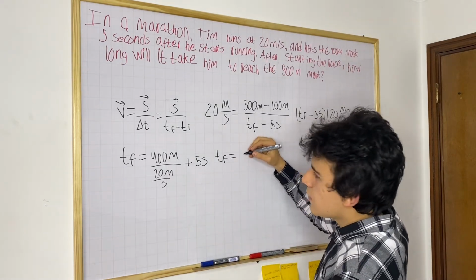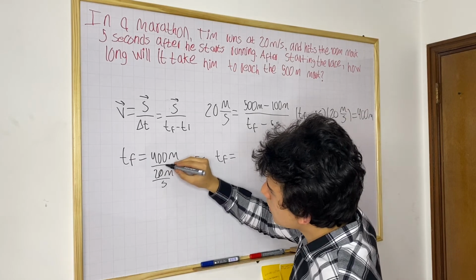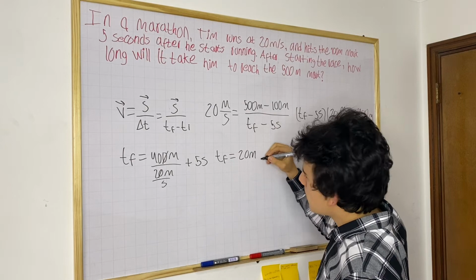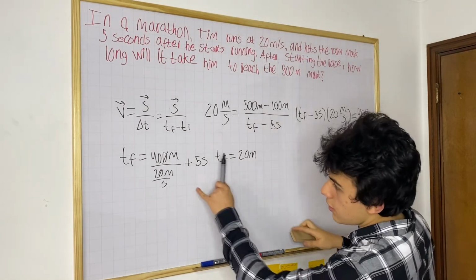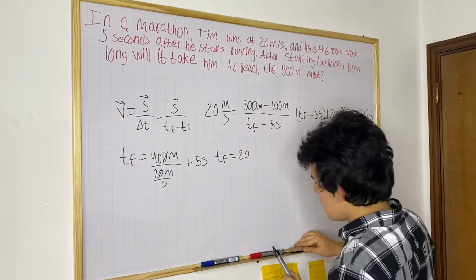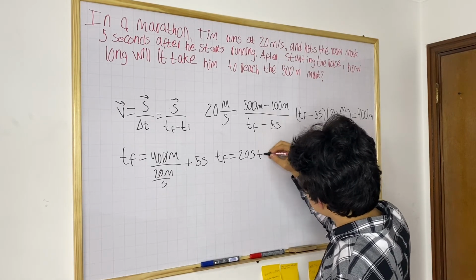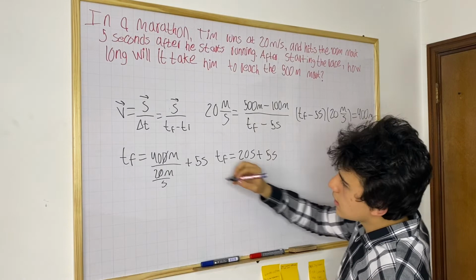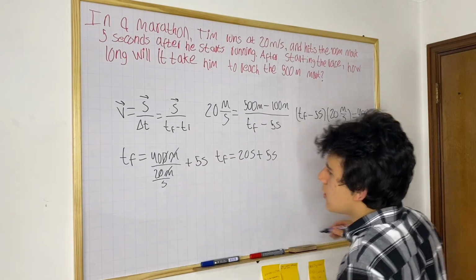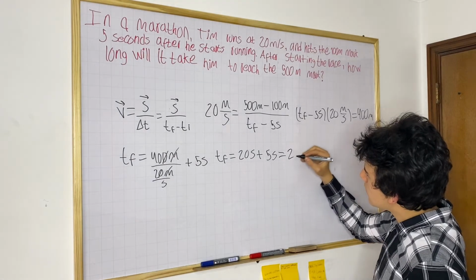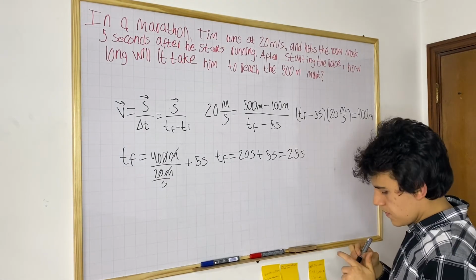So we would have these zeros, they would cancel out first of all, and you would get 20. I'm sorry, meters cancels out with meters too. So you would get 40 seconds plus 5 seconds, okay? These meters, they went out. And in this case, you can see that the final time is equal to 25 seconds.